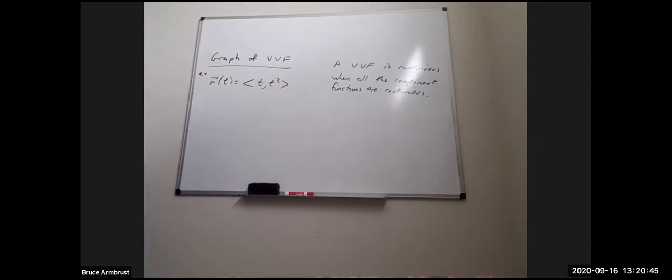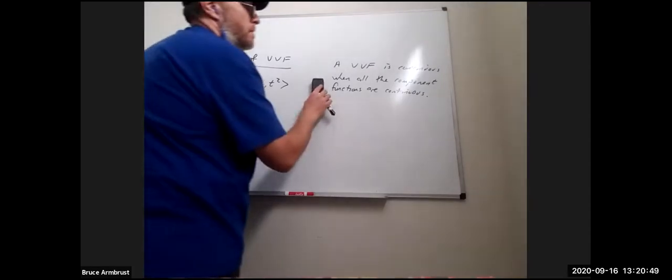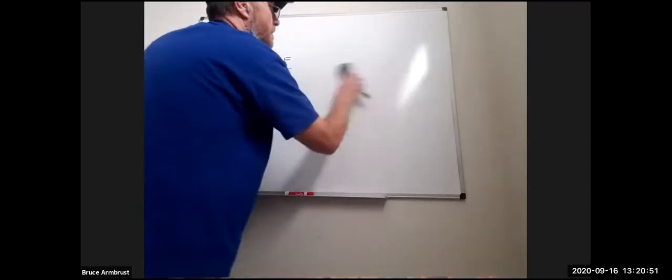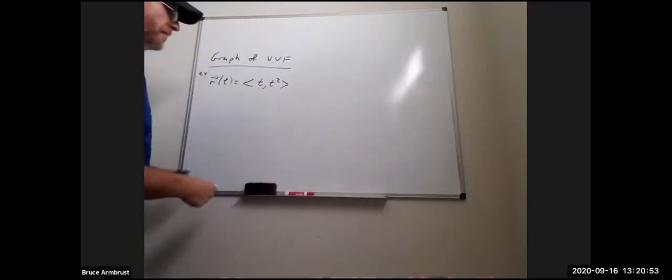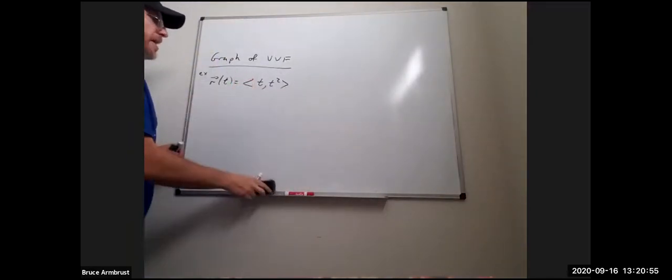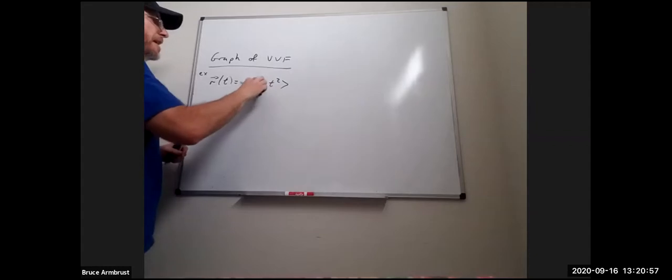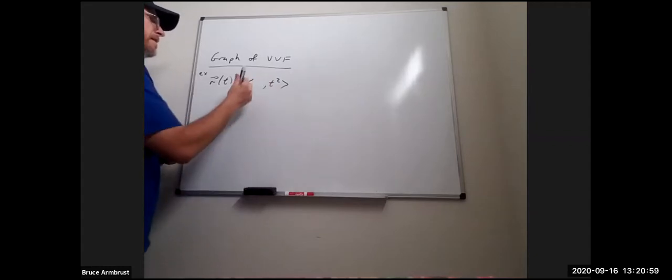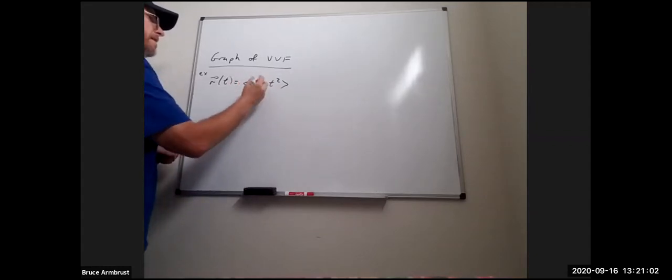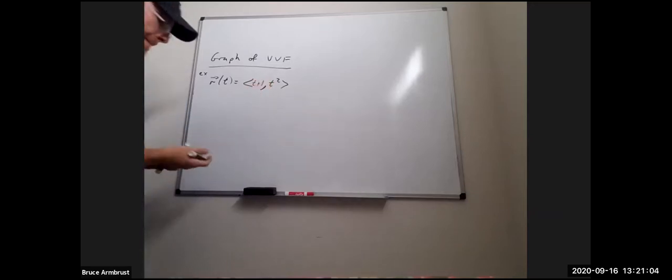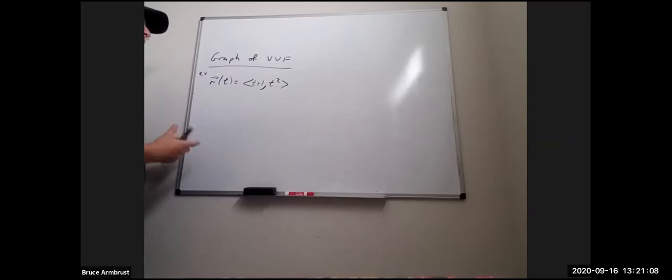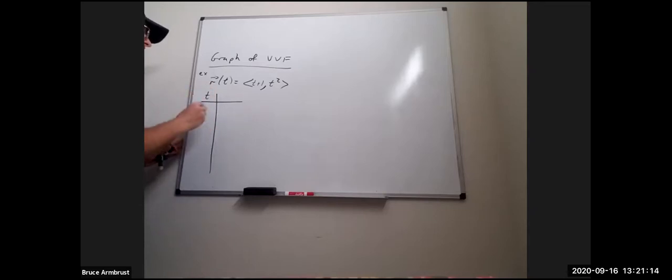So super easy. And I know you all have this written. I'm going to change it slightly. I'm going to make it t plus 1. All right, so what I'm going to do is basically make a t-chart like you're really used to, where we've got some t values.